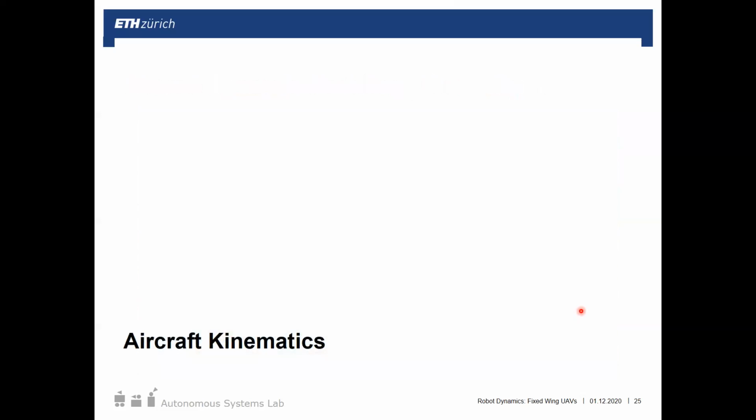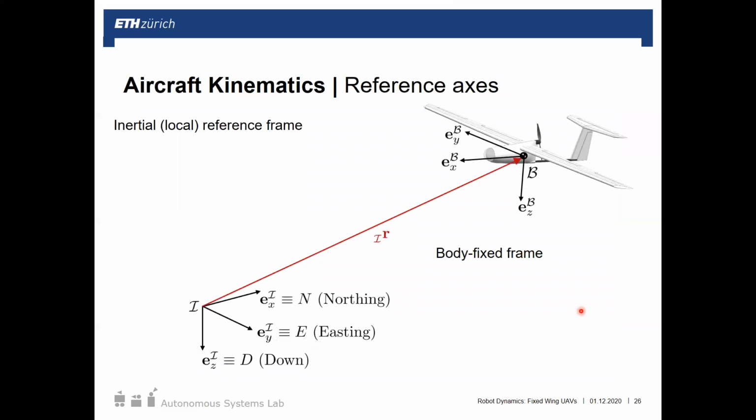So now let's get into the kinematics. So we have our body fixed frame with the CG as the origin, as we mentioned before, and this is offset somewhere from an inertial frame. And generally then, actually, sorry, this is always for a fixed wing, we will have this northeast down coordinate system. So this is different from the robotic frame, so the E and U, I believe.